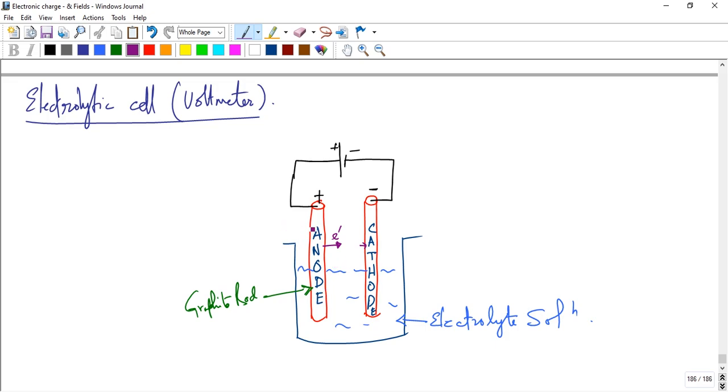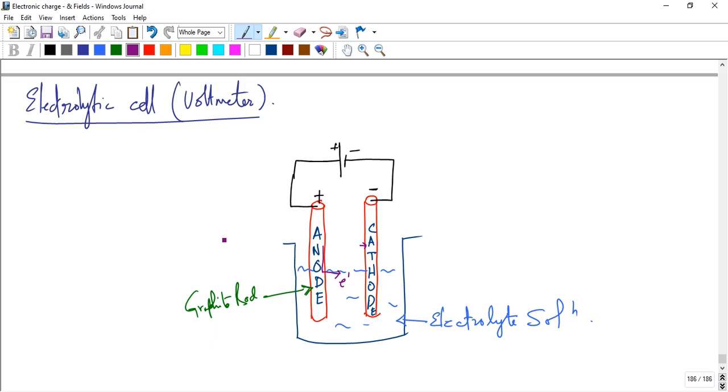There are two types of ion: cation is positive and anion is negative. The electrons do not go through air but via the electrolyte solution.